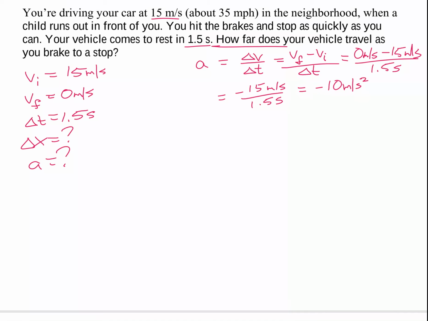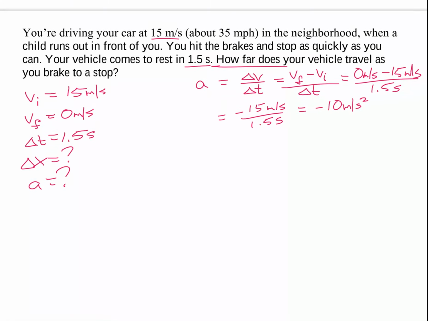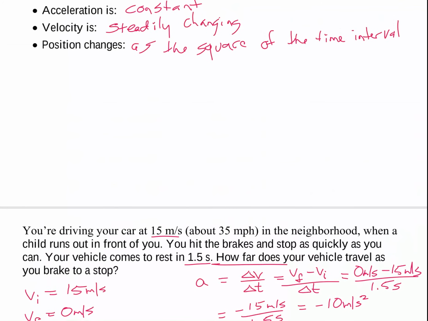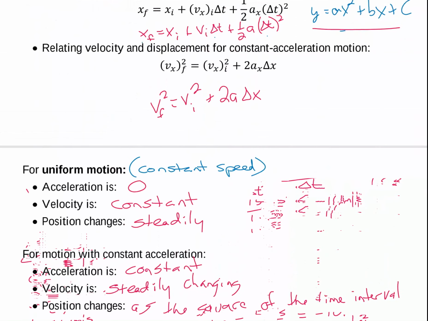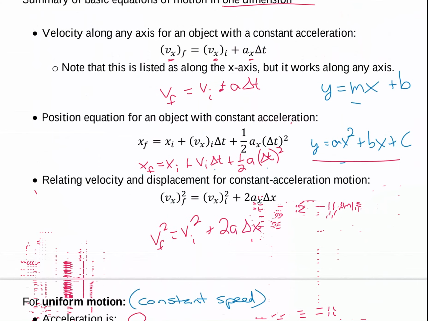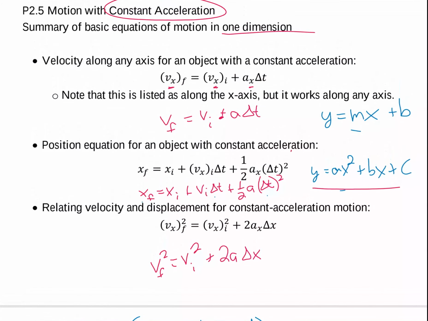Okay. Now, we're not looking for acceleration, but we needed acceleration to be able to use another formula. Which formula are we talking about here? Let me go back. I've got to go through this one too. So we have all of these formulas that we could use. We want delta x, right?